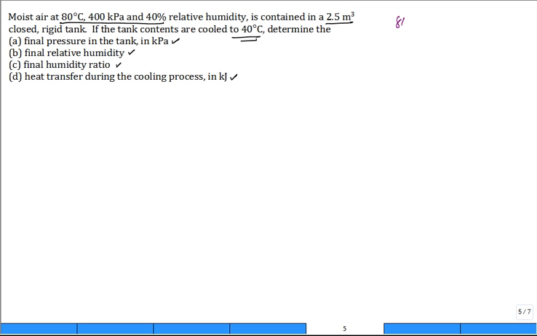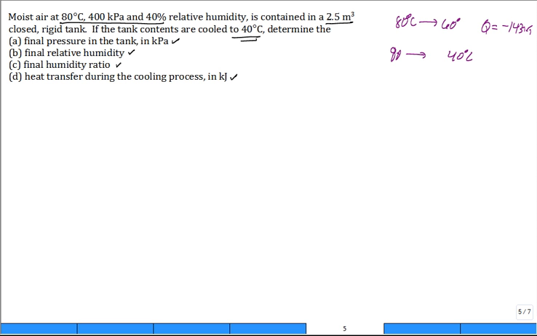We went from 80 degrees C to 60 degrees C, and Q was negative 143 kilojoules, right? If you go from 80 to 40, what do you think? Negative 300, a little more than double. But the thing is some of that is going to condense.